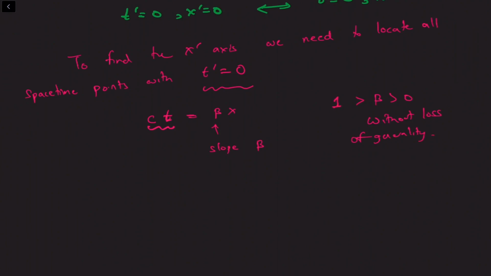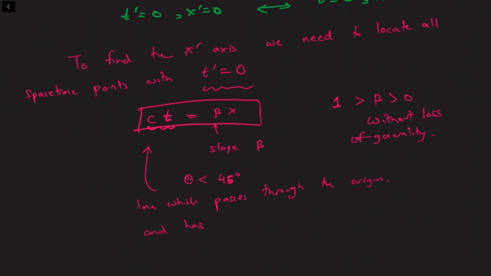So this slope beta is less than 1, which means that the angle that this line makes with the x-axis is less than 45 degrees. So it's a line which passes through the origin and has slope beta, between 0 and 45 degrees.